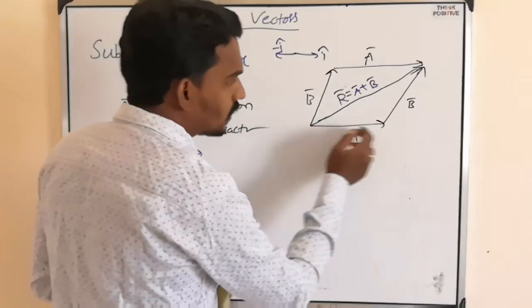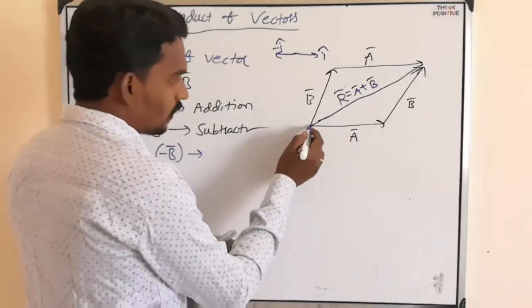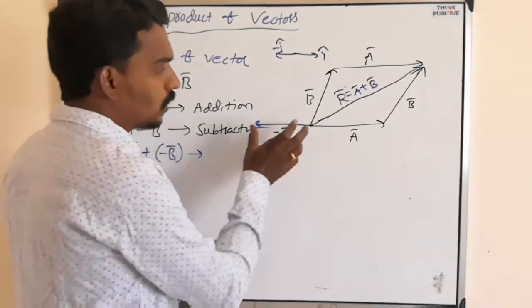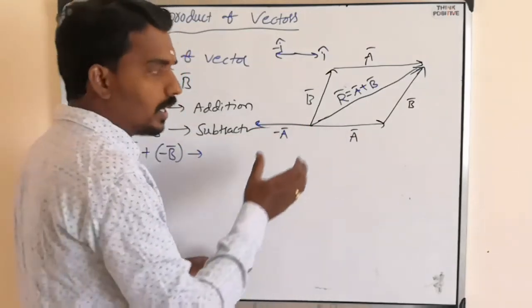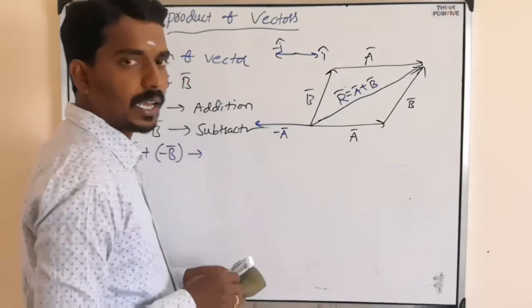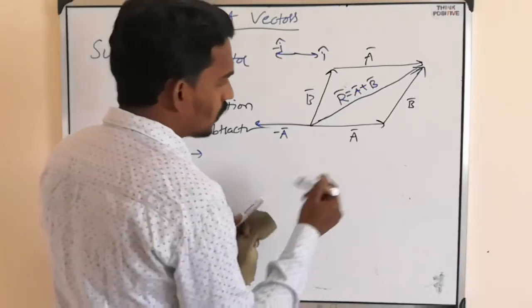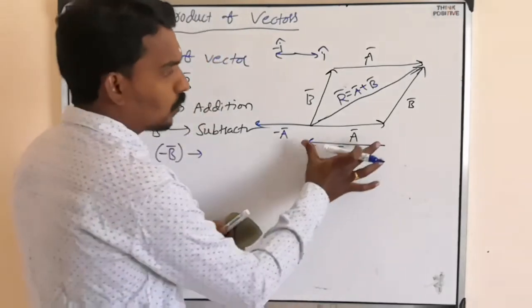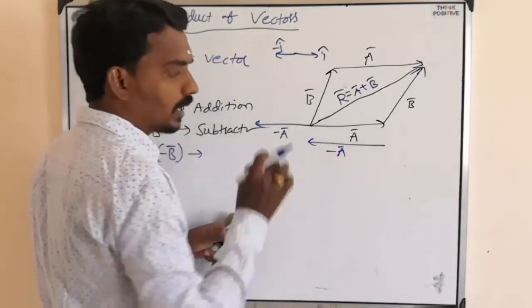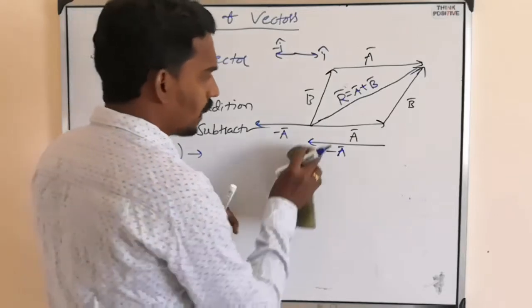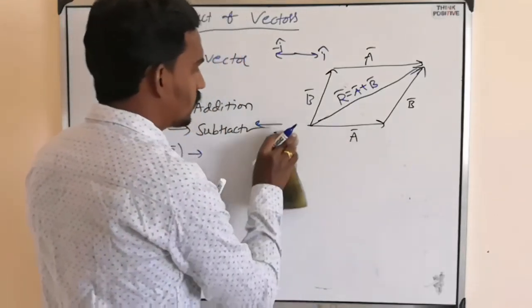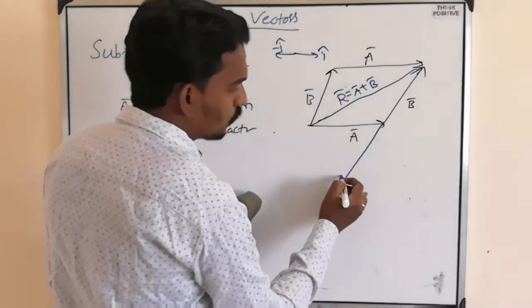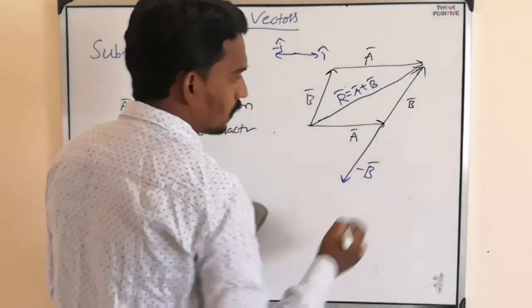Similarly, if this is A bar, then this will become minus A bar, equal in magnitude and exactly opposite in direction. Or you can also draw like this. This is minus A bar, equal in magnitude, opposite in direction. Similarly, if this is B bar, then this will become minus B bar.